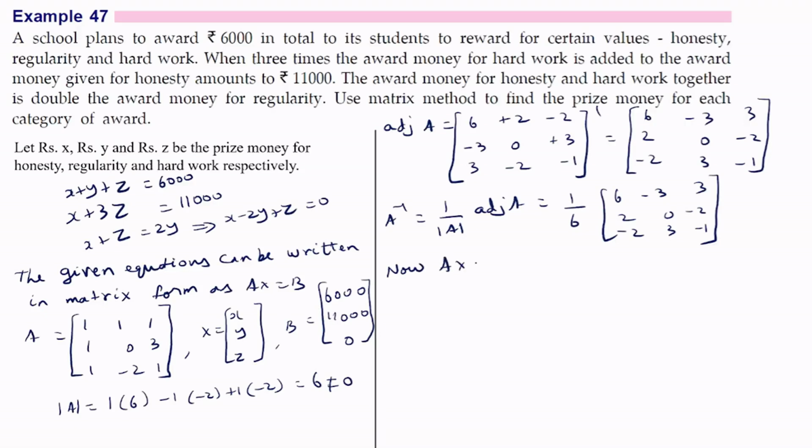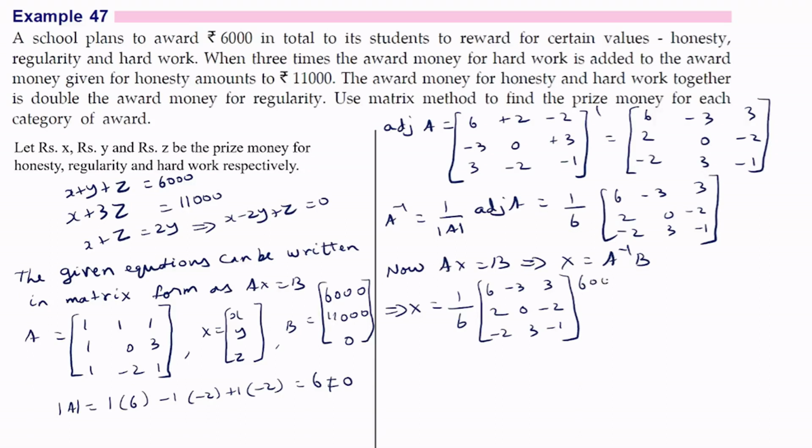Now AX equal to B implies X equal to A inverse into B. So X is equal to 1 by 6 into 6 minus 3, 3, 2, 0 minus 2, minus 2, 3, minus 1 into B, which is 6,000, 11,000, 0.